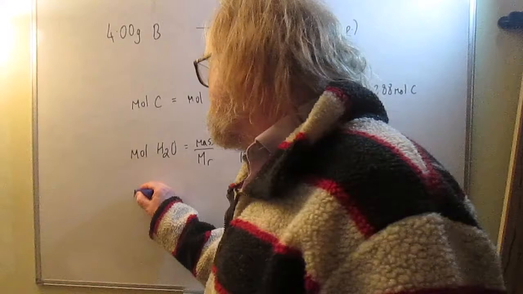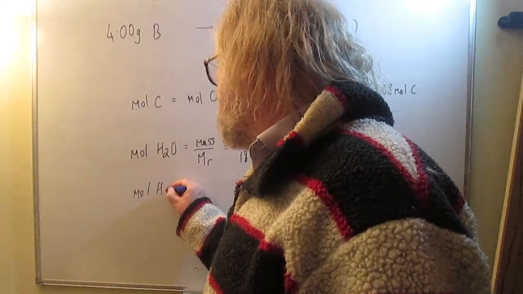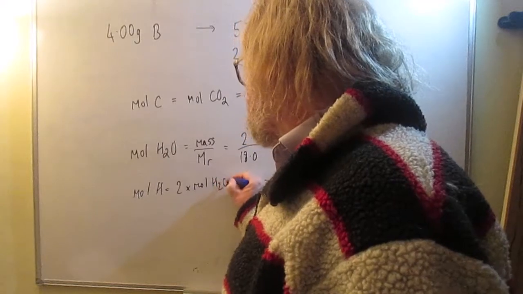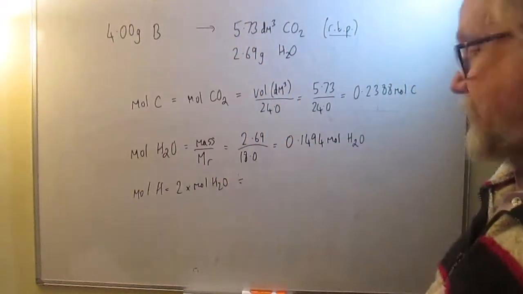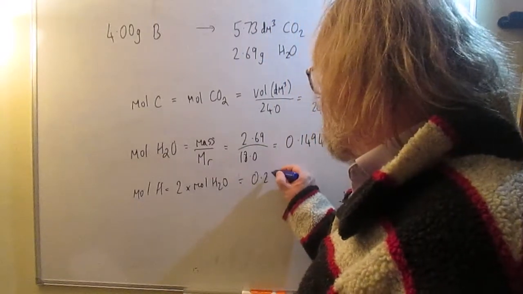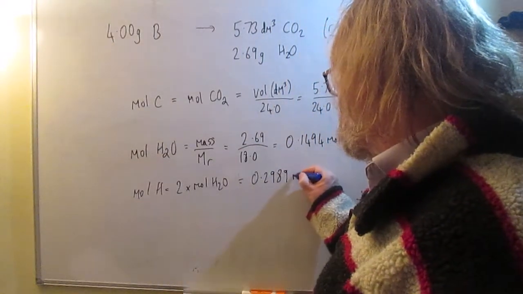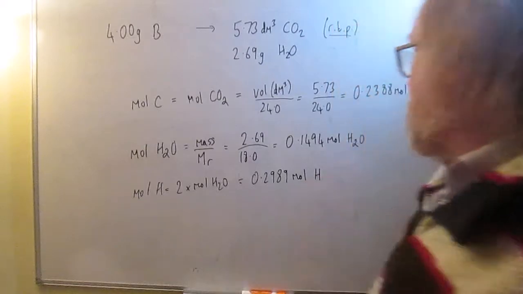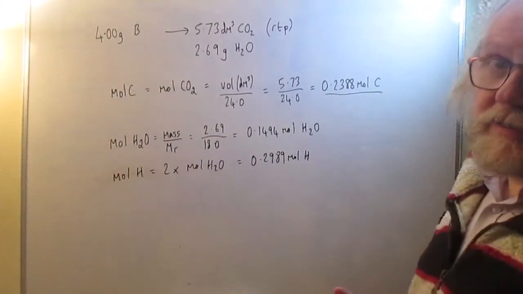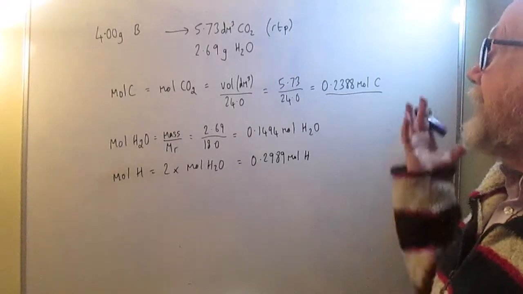So we can say that the moles of hydrogen is therefore 2 times the moles of water, which comes to 0.2989 moles of hydrogen.